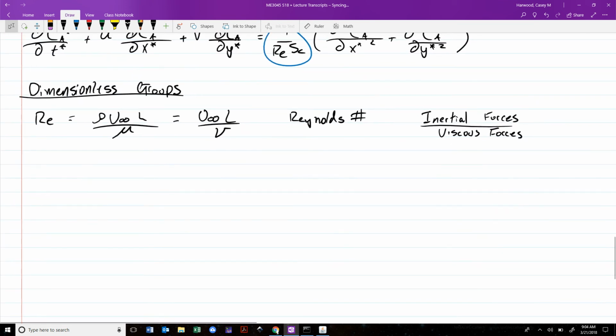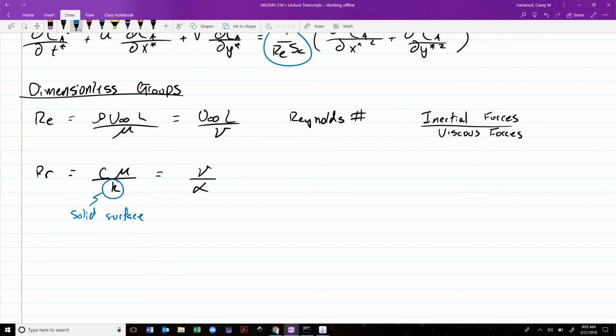The next dimensionless group is the Prandtl number, which is defined as C times the dynamic viscosity over K, or the kinematic viscosity over the thermal diffusivity. I should mention that this K here is for the solid surface that is being bounded by the flow.